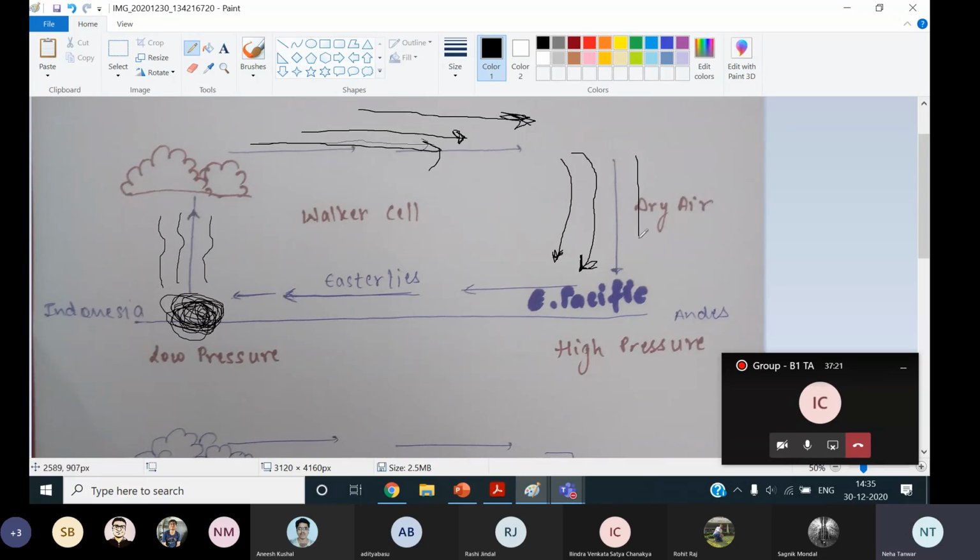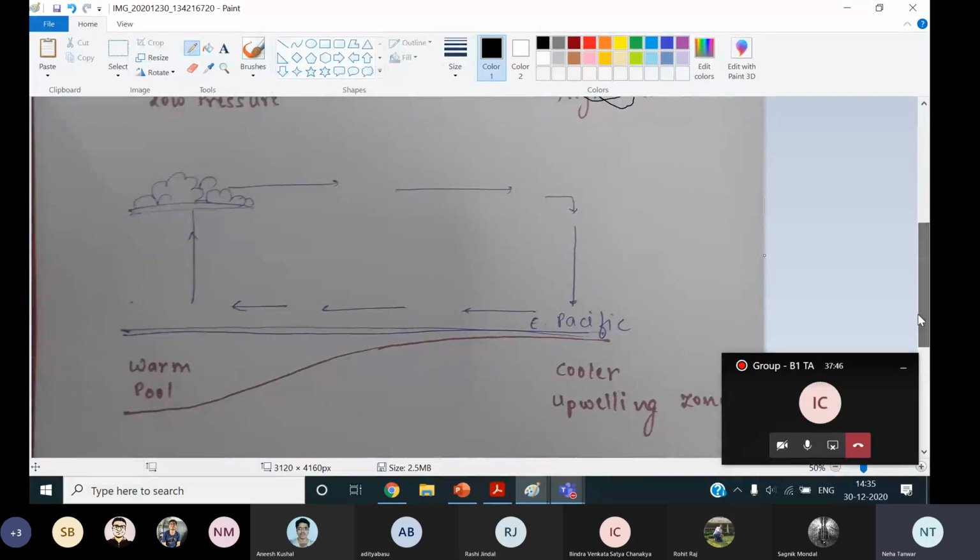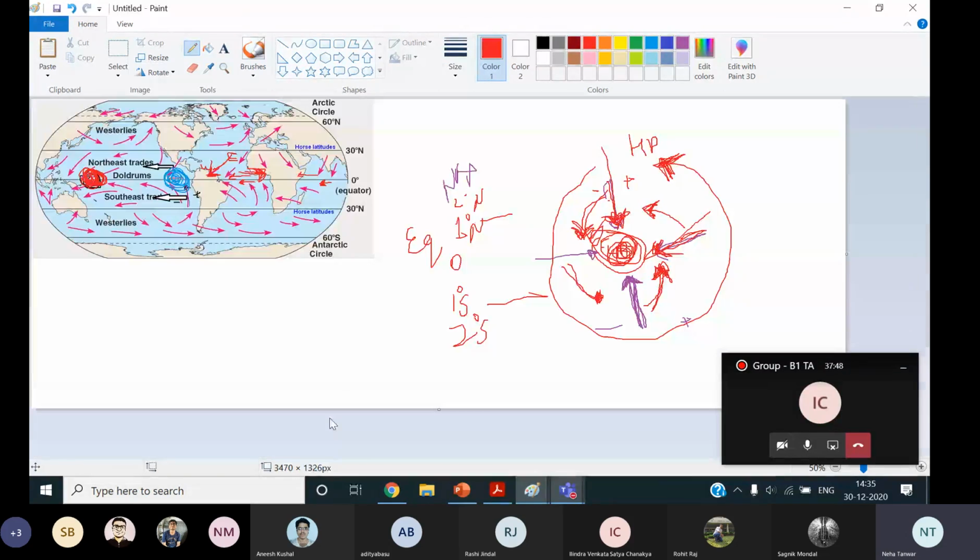So whenever the parcel of air sinks back, it's going to create a high pressure zone in that area. So in normal conditions, what do we have? In the Western Pacific, we have a low pressure zone, and in the Eastern Pacific, we have the high pressure zone. Let's look at what's happening at the ocean level. So we saw here that the water is going to move away from the continental boundary, and that is going to cause the upwelling.